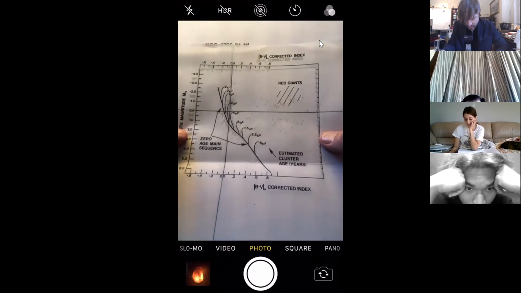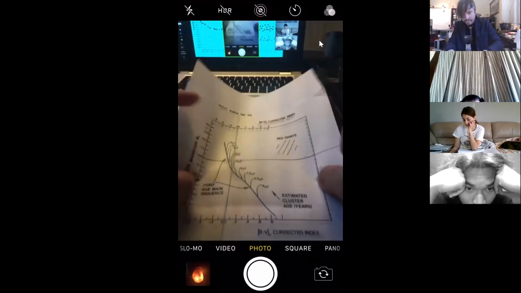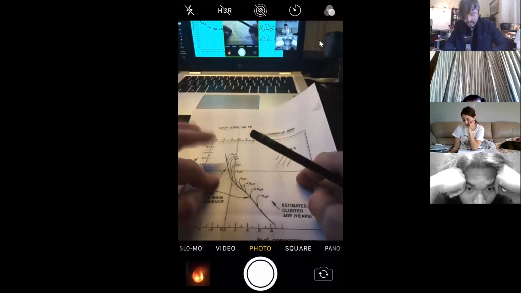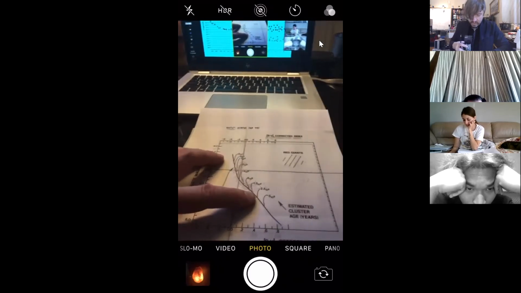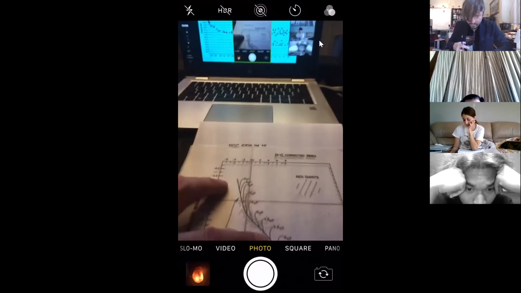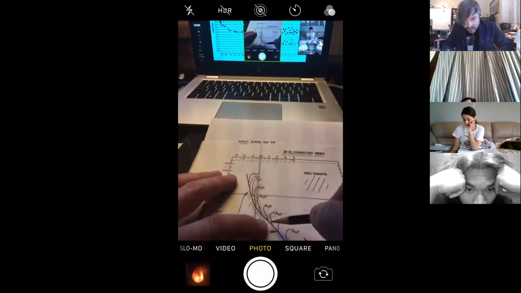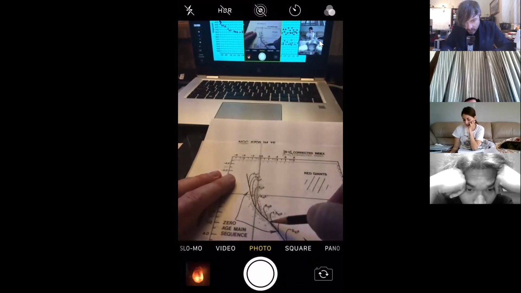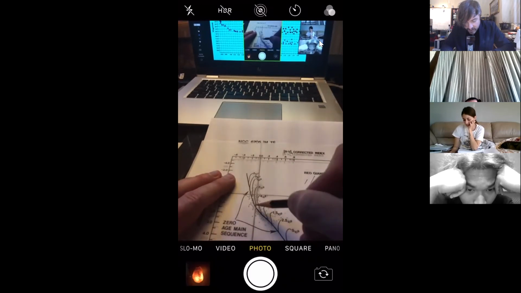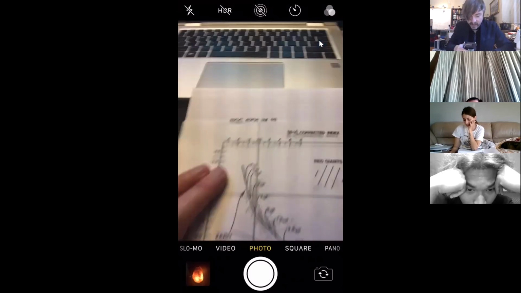Somewhere right about there. Notice that you can see stars scattered all along the theoretical main sequence right up until somewhere. Okay, sorry, I'm screwing up here. I don't have enough hands to do this.